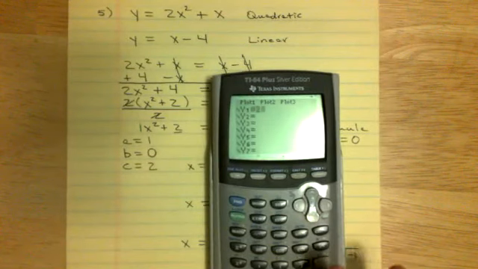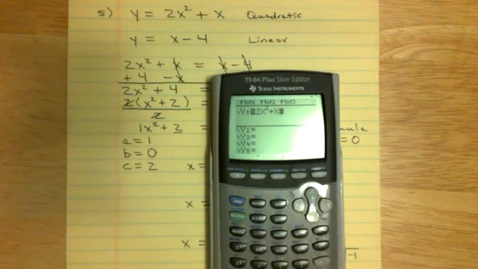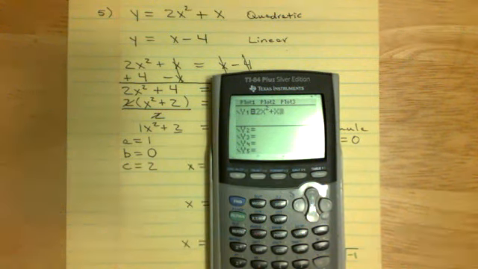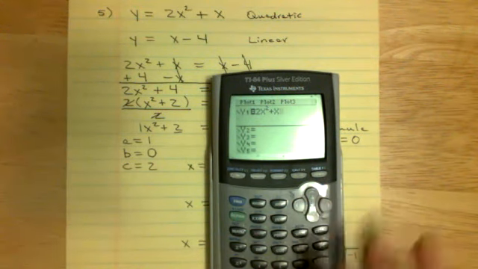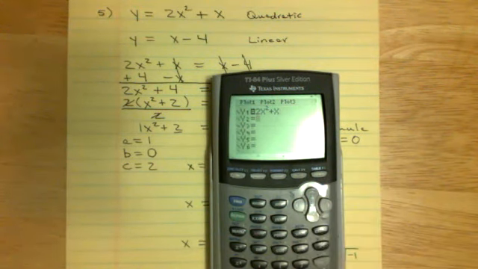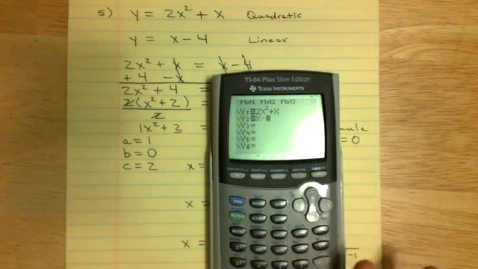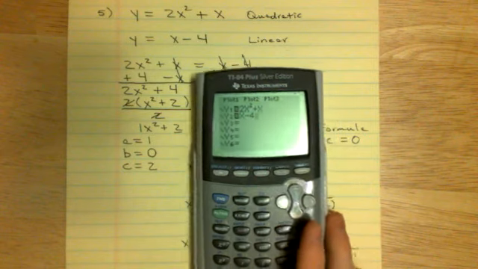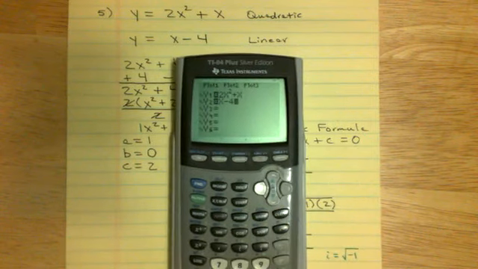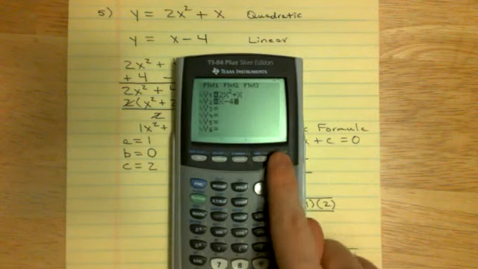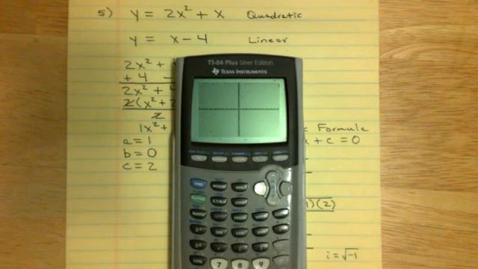Let's put that in. 2x squared plus x. You can also do this on Desmos. You'd be typing in y equals 2x squared plus x. Same thing. Now the second equation is x minus 4. So now I basically got this. I put in the two equations and I hit the graph button at the top. Let's see what we get.